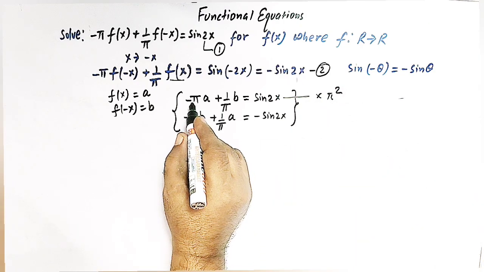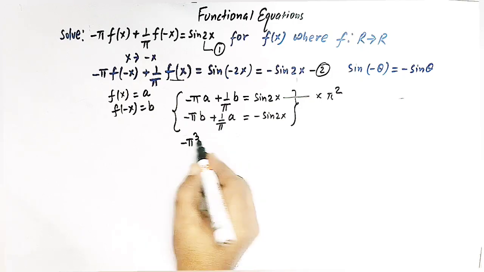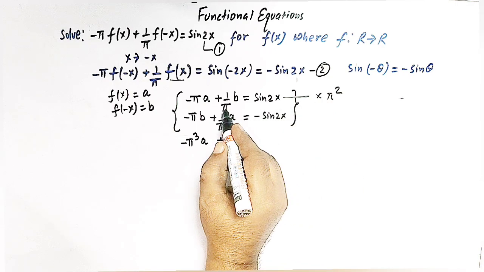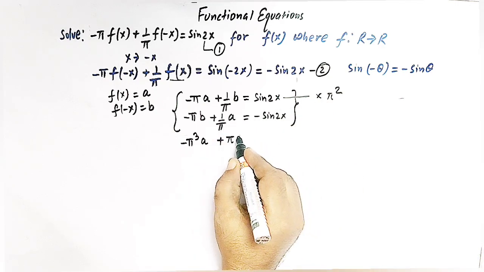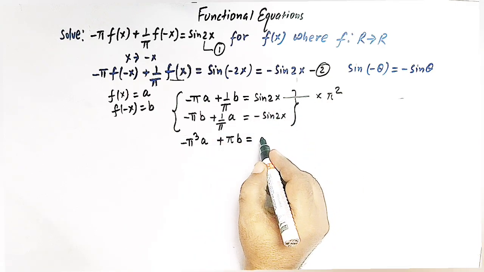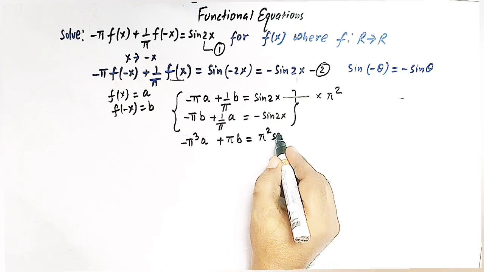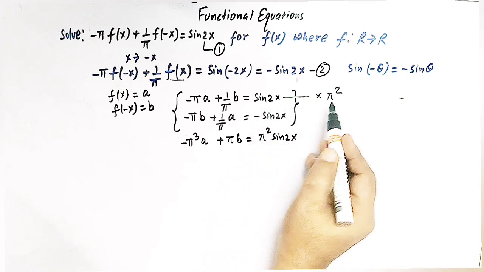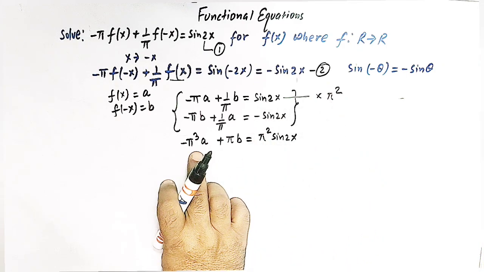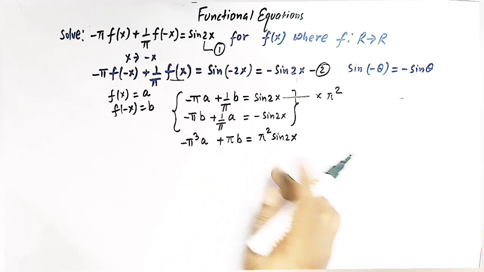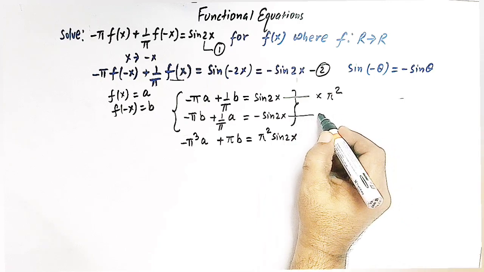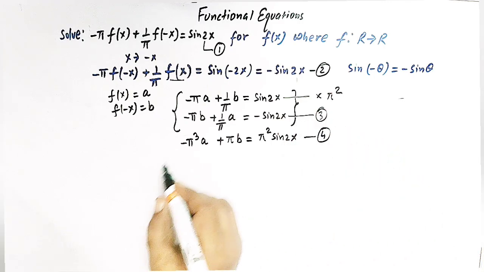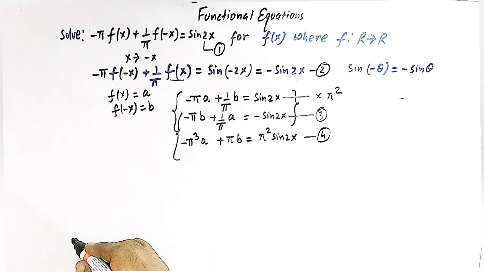We get minus pi cube a plus pi b equals pi square sine 2x. Multiplying by pi square, we have obtained a new equation. Let us call this equation 3 and the other equation 4.